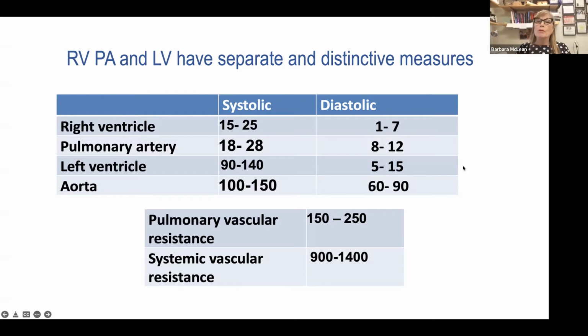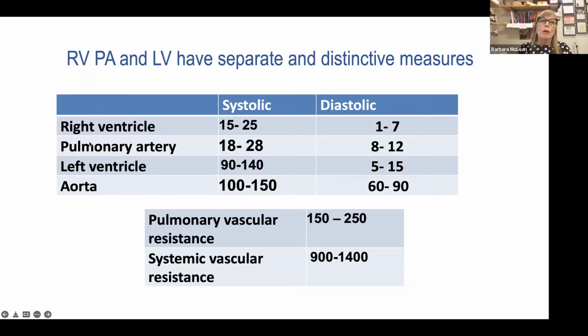So in a backwards direction, what we'll say is LV diastole is low, PA diastole is higher than LV diastole, and RV diastole is significantly lower than PA diastole. That's what makes blood move from RV to PA, from PA to PV, pulmonary vein, from PV to left atria, from left atria to left ventricle. It's a beautiful deal.